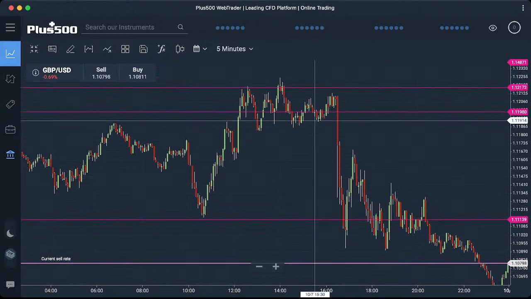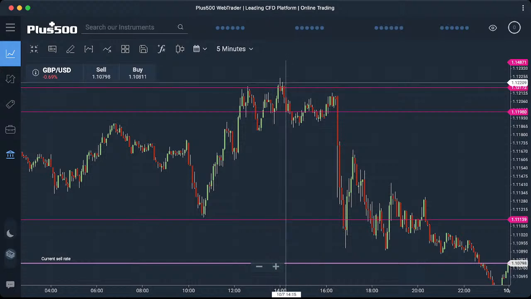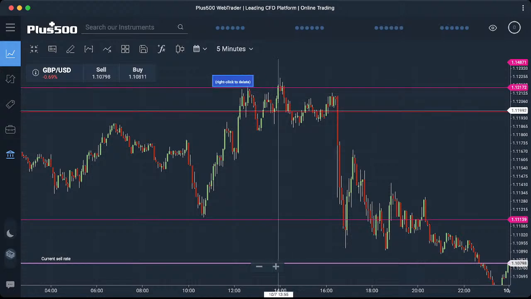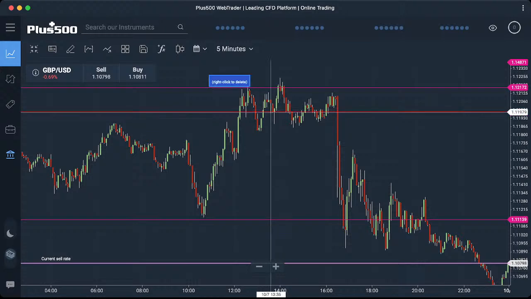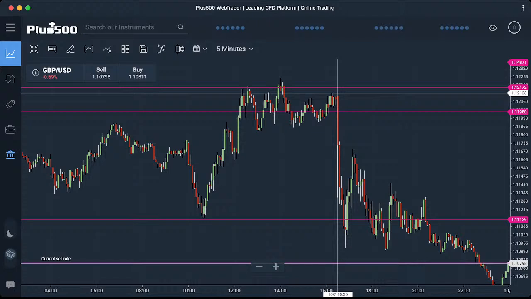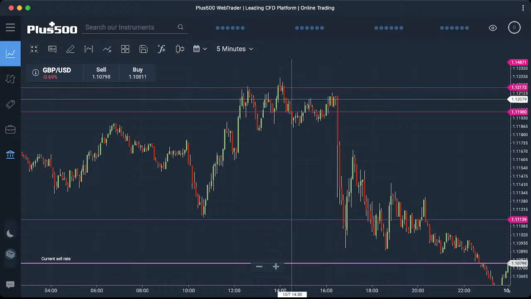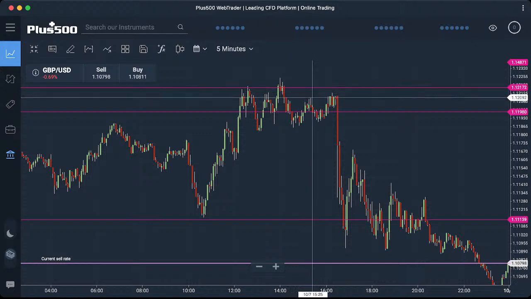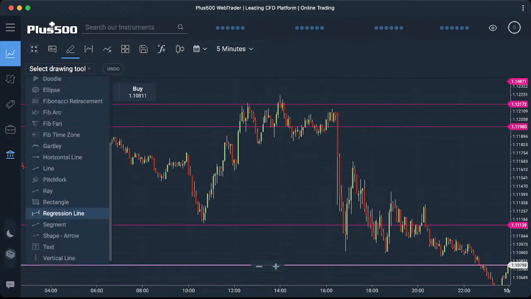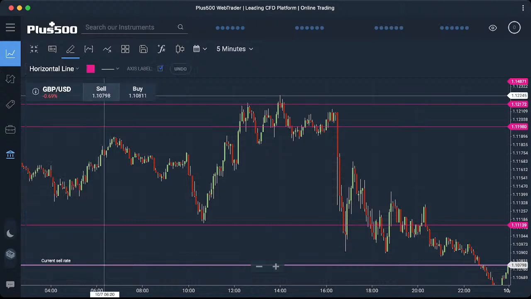You can see price is going here and then here pushing to the downside, taking this last low, and then price is coming back up to this fair value gap here, which I can just put in a different color to show you better. So let me draw another horizontal line.